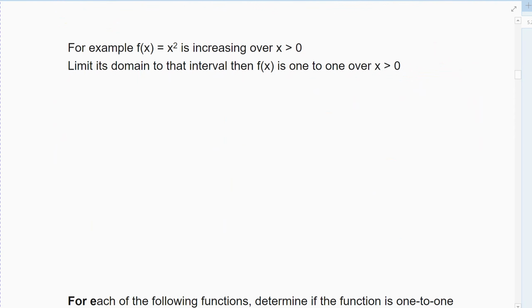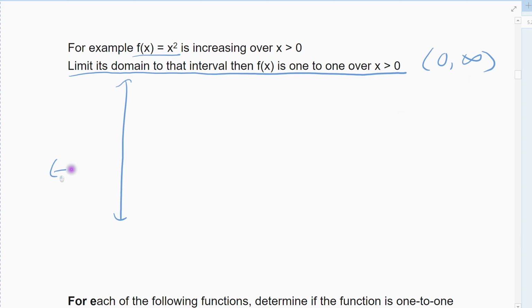Alright, an example would be going back to my parabola case. Remember we said x squared was not one-to-one, but it's increasing where x is greater than 0. So if we limit it to that interval, we're limiting it to the interval 0 to infinity. If I only graph the function starting at 0, it doesn't exist at 0, so that would be at (0, 0), and it's an open point.